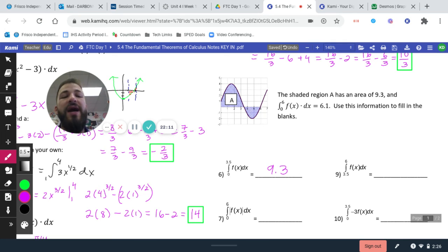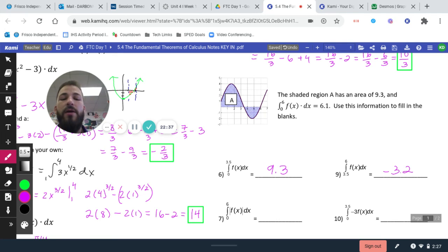And if I know the entire area is 6.1, then the area from 3.5 to 6 has to be whatever made 9.3 go down to 6.1. So that would be, looks like negative 3.2. Okay, because 9.3 minus 3 would give you 6.3 minus 0.2, 6.1.